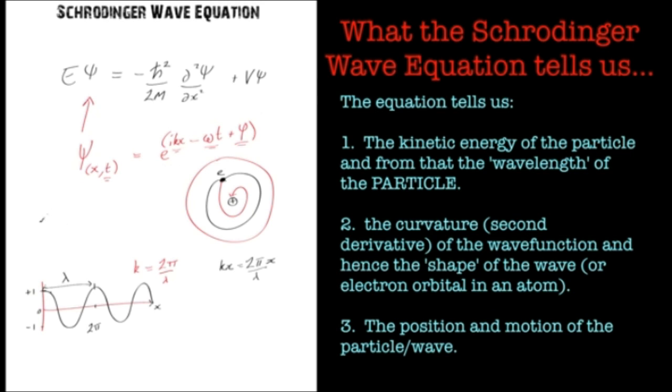So if you think about a cannonball being fired from a cannon, in classical mechanics you can work out the trajectory of that cannonball at any moment in time. So it'll be here after 2 seconds, it'll be here after 5 seconds, and after 10 seconds hit the ground or something like that. Well, that's all the wave function does.